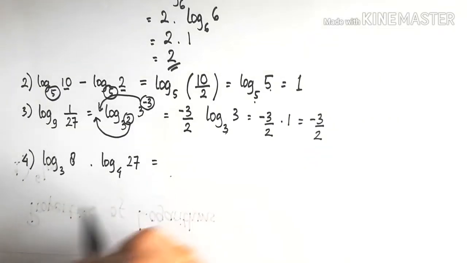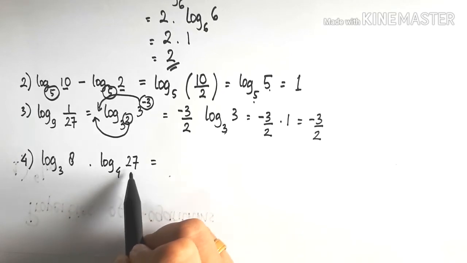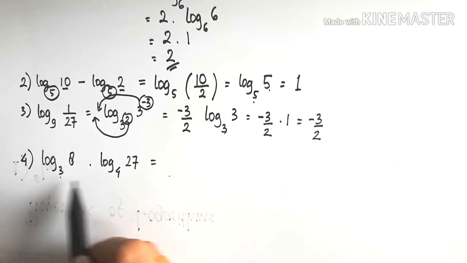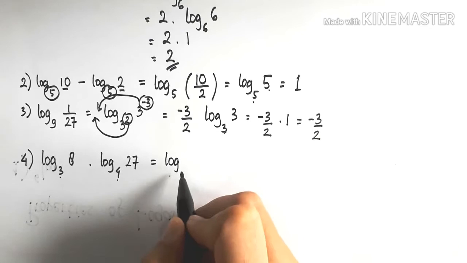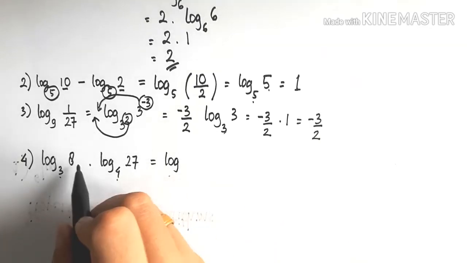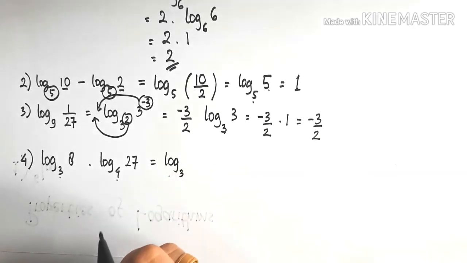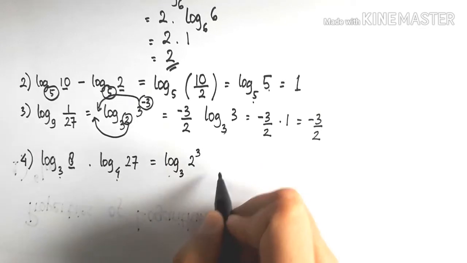Next question, number 4. Log base 3 of 8 times log base 4 of 27. It is multiplication. The bases are different, 3 and 4. The first step, we can change the numbers into exponential form. This 3, no problem. 8 changes into 2 cubed.